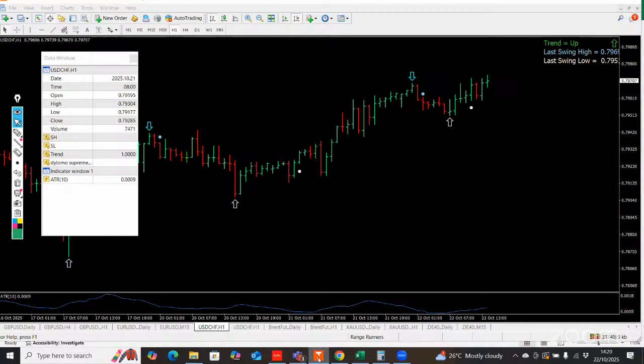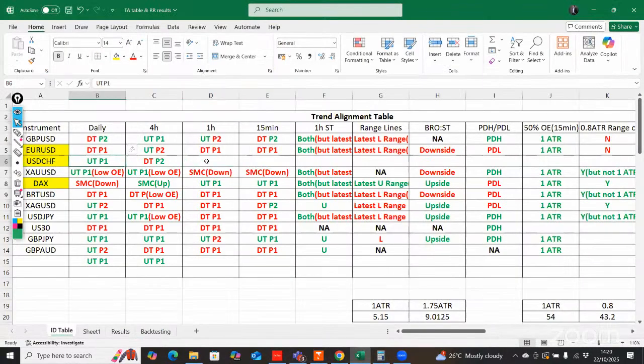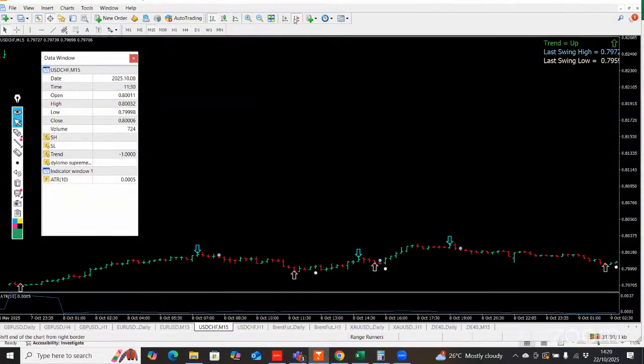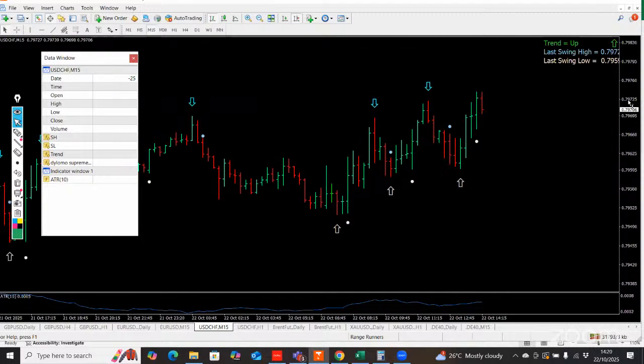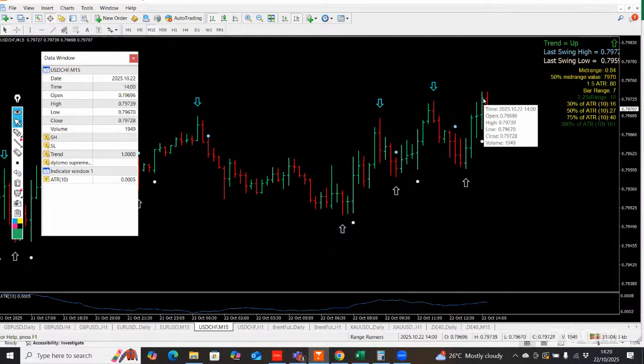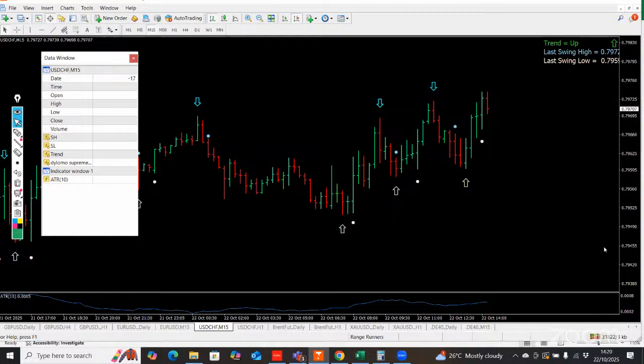Okay, so I will do that as well. So uptrend phase one. And then on the 15-minute, you can see over here, that's also an uptrend phase one. Okay, so it's a little bit of a small seller bar here, which is really good, which I'll explain why later on for timing. Okay, so that's uptrend phase one at the moment.